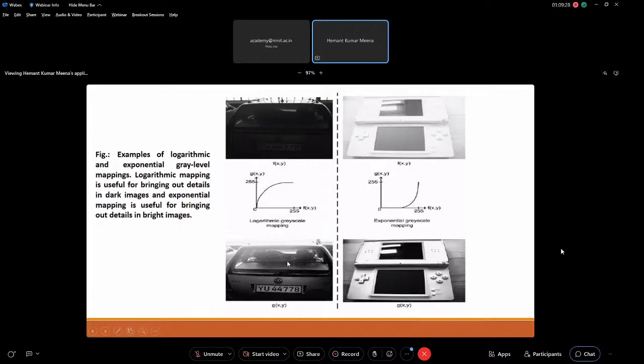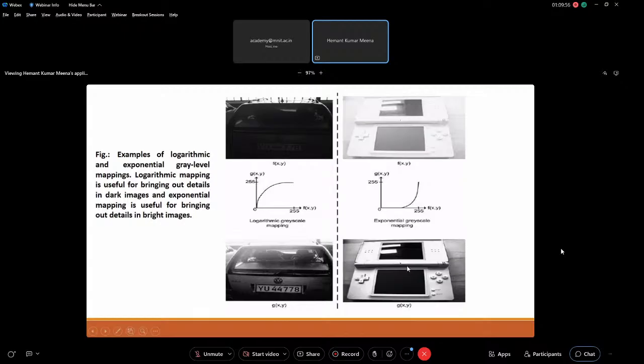For bright images, if you want to bring out the detail, exponential mapping is better. You can see the image of some technical devices, which is brighter in comparison to the car image, and when exponential mapping is applied, this is the result.